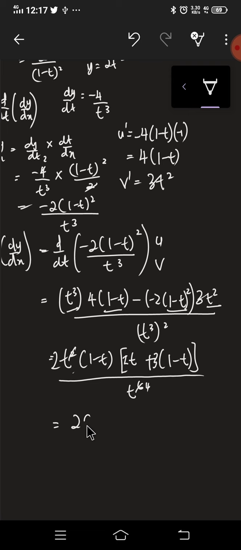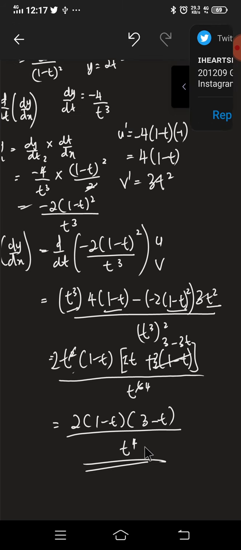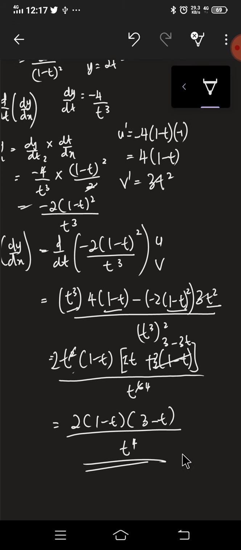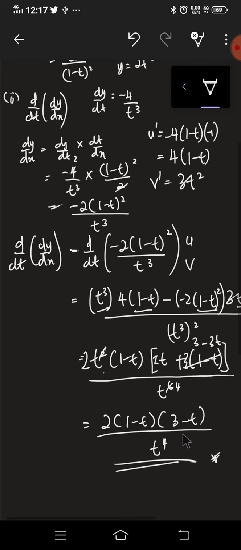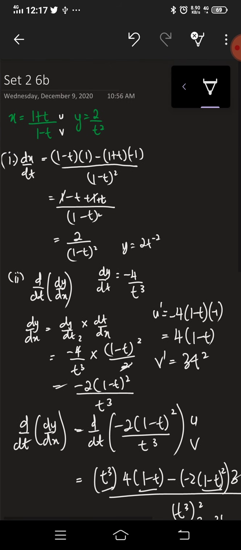So we have 2 of (1 minus t), and then inside this bracket will be 3 minus 3t. So 2t minus 3t will be negative t. So 3 minus t over t to the power of 4. Okay, so this is for question number 2.